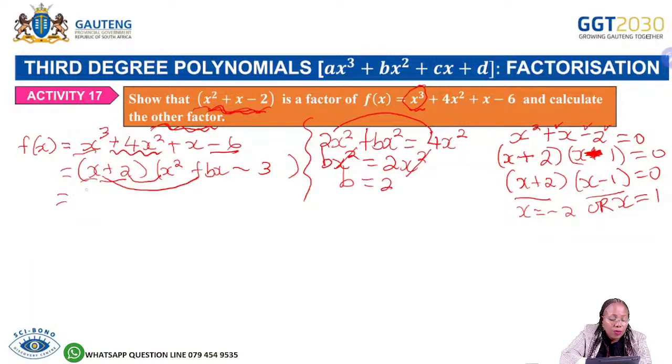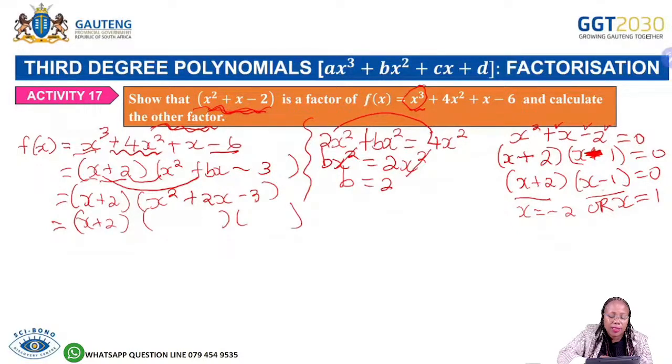Okay, so now that is x plus 2 into x squared plus 2x minus 3. So we factorize the trinomial bracket now. It will give us 2 brackets here, x, and then factors of 3 which, when you subtract them, give 2, so it will be 3 times 1.